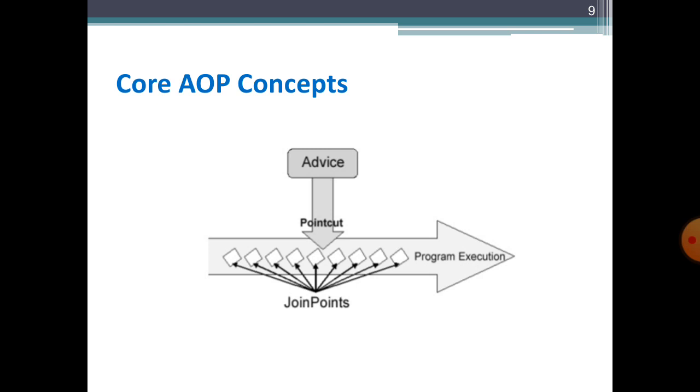A point cut is a set of one or more join points where an advice should be executed. Whenever the program execution reaches one of the join points described in the point cut, a piece of code associated with the point cut, called advice, is executed.